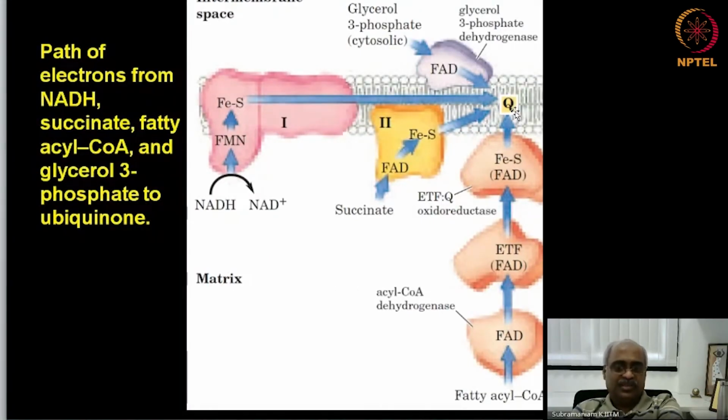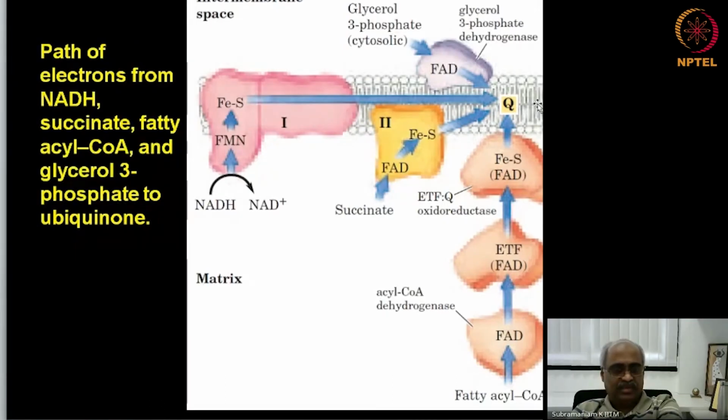So this QH2 having 2 protons and 2 electrons will have to do 1 at a time, and that is accomplished by a process called the Q cycle. I'll explain that while we are discussing the complex 3. So complex 3 is going to oxidize ubiquinone and reduce cytochrome C.